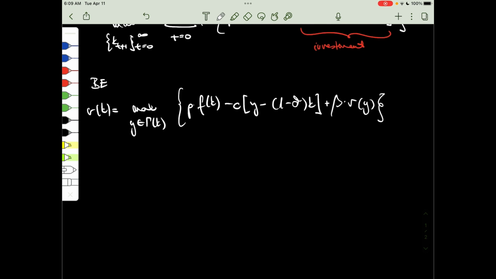The decision variable is y, next period capital stock, so we will do the same.